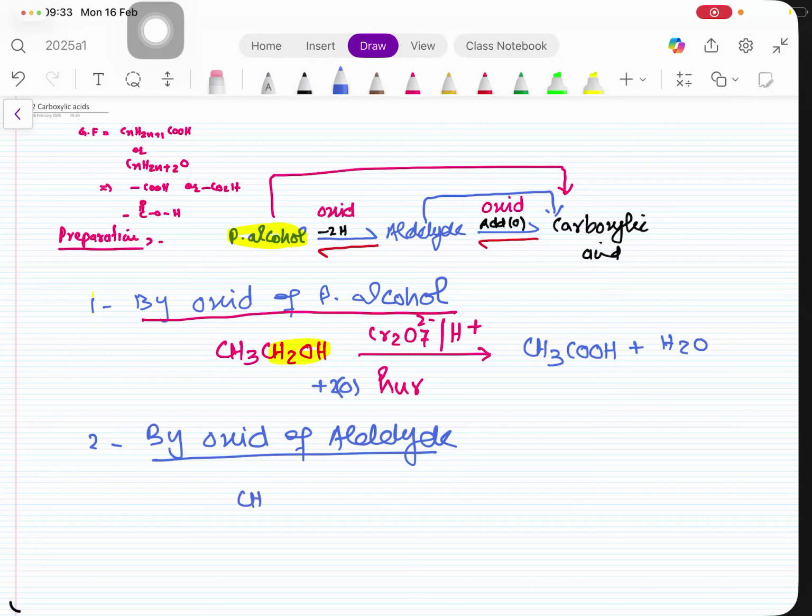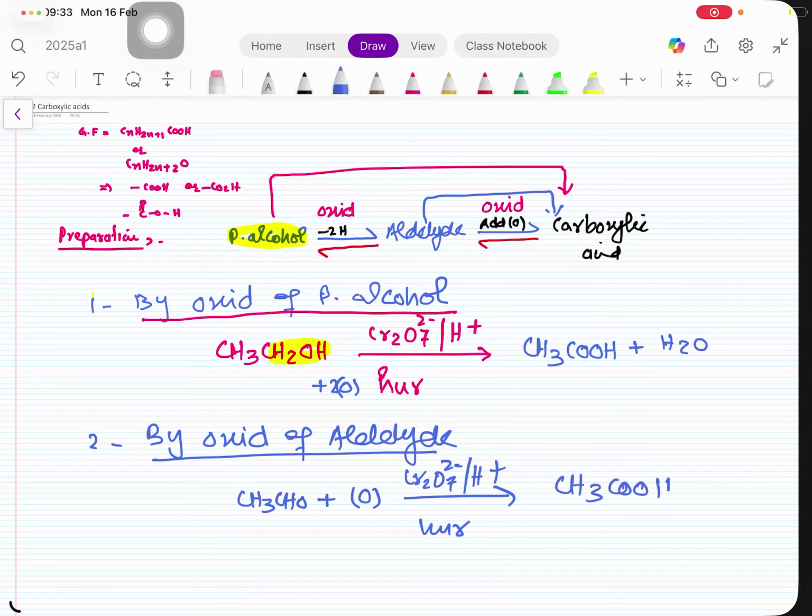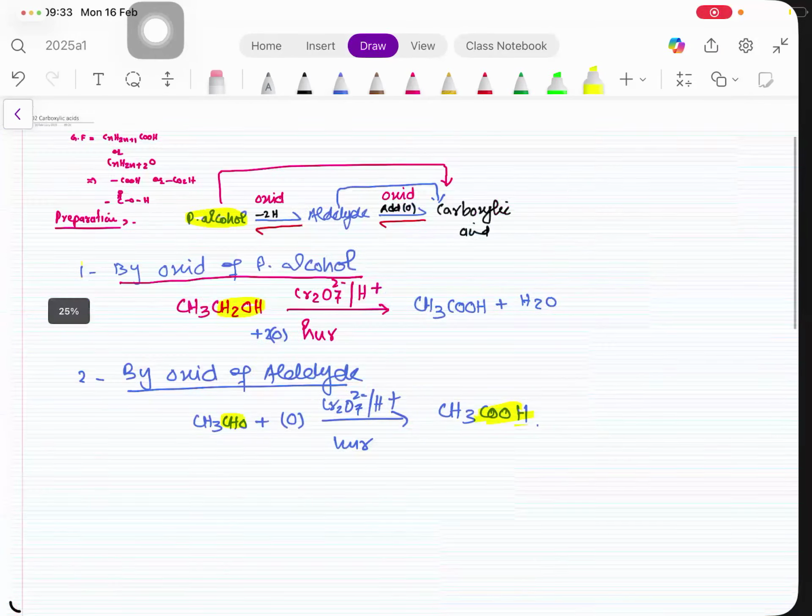Similarly, the aldehyde, like CH3CHO plus O, same. You can use K2Cr2O7, HUR, and it becomes CH3COOH, no byproduct, okay? Just one oxygen atom adds into CHO and it becomes COOH. Next.